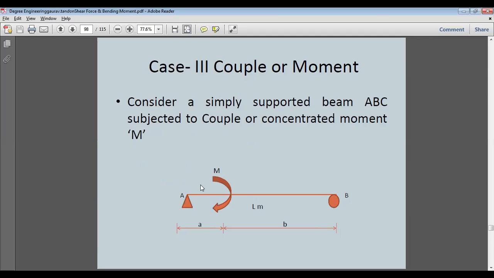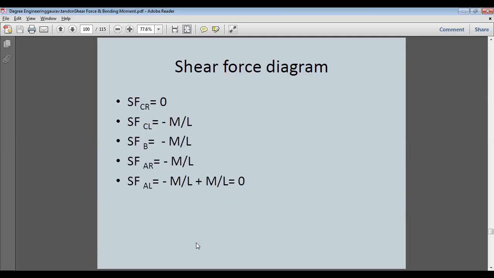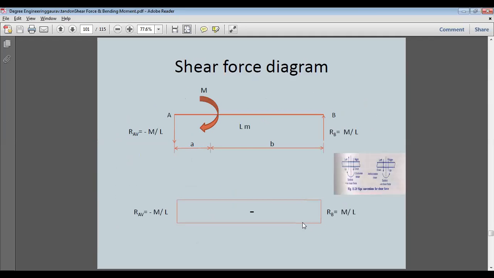The left section is under a negative bending moment, so the bending moment is trying to give a hogging shape to the beam. Shear force is negative from here to here. As we discussed, there is no other force except this one. So this is acting down, this is acting upwards, and this is again balanced by downwards. All along the way, shear force is negative.